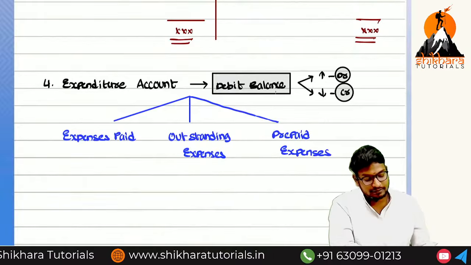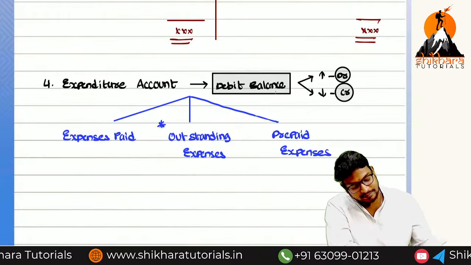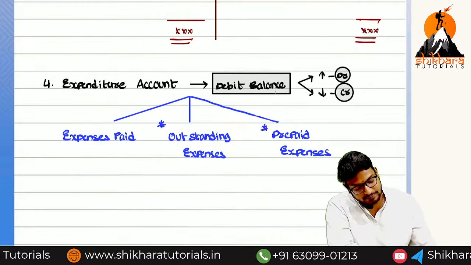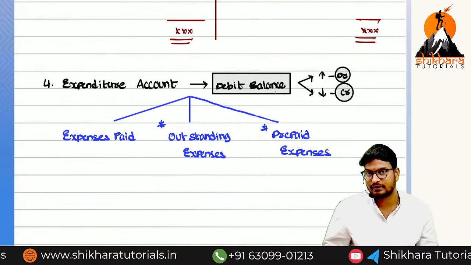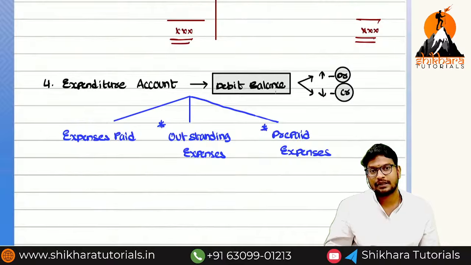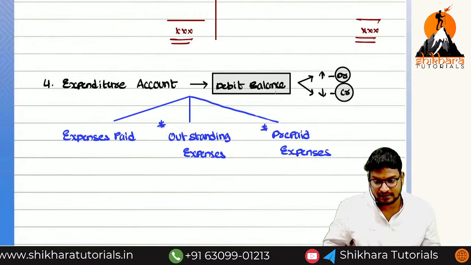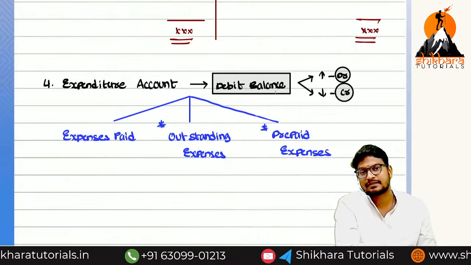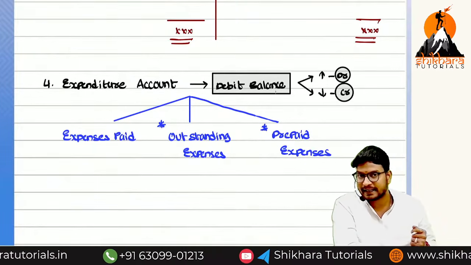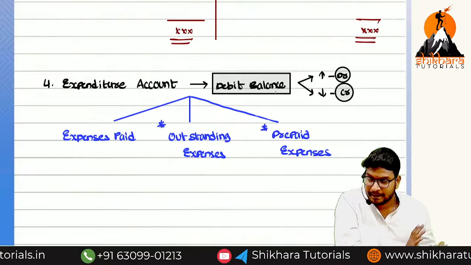So already we have discussed the meaning of outstanding expenses and the meaning of prepaid expenses. Yes or no? Can you say the entry for the outstanding expenses? Expenditure account debited to outstanding expenses account. Can you say the entry for the prepaid expenses? Prepaid expenses account debited to cash or bank account. Already we have seen. Okay?